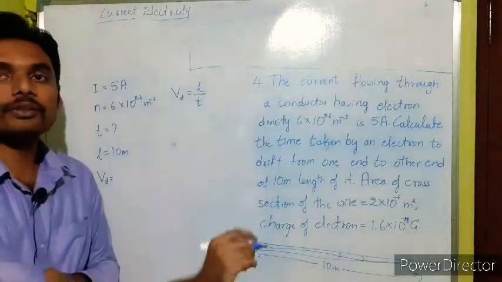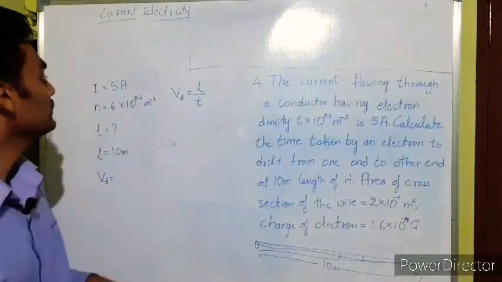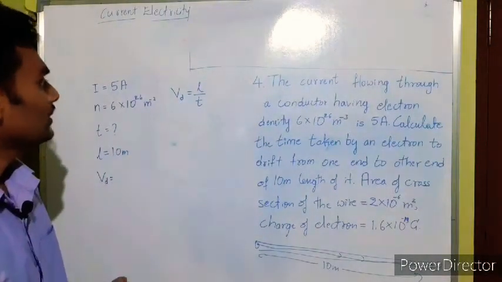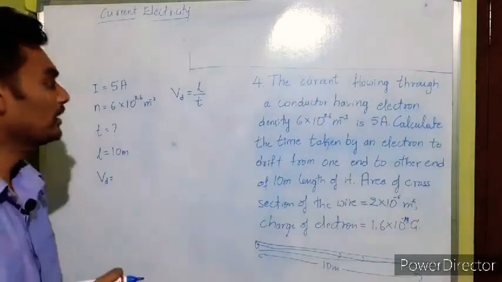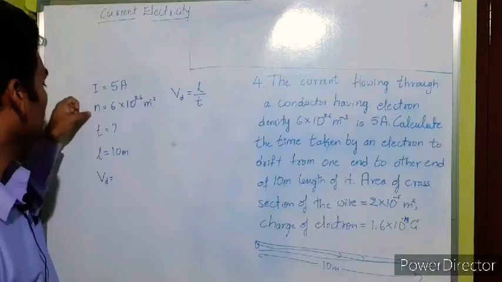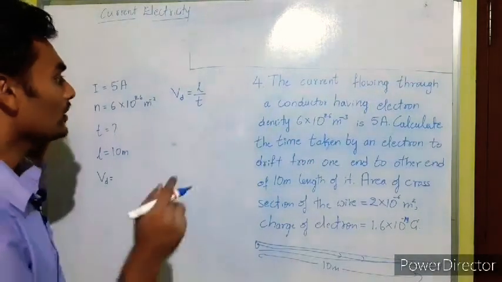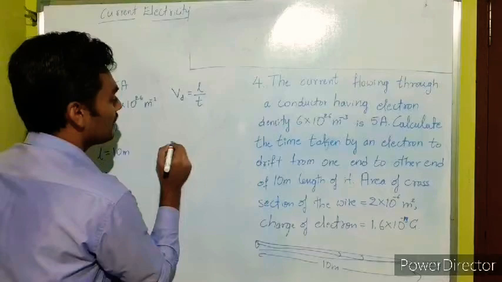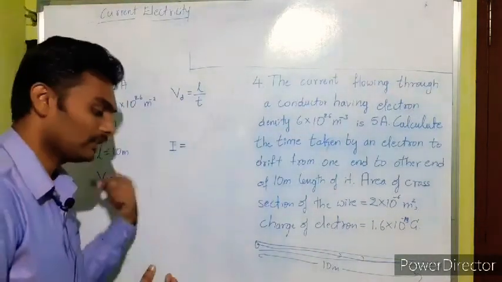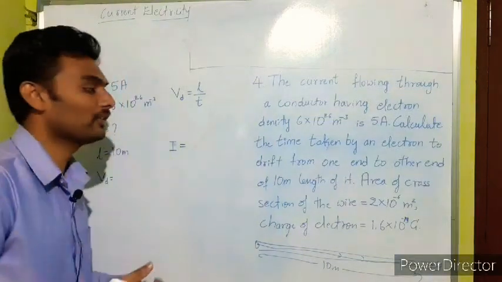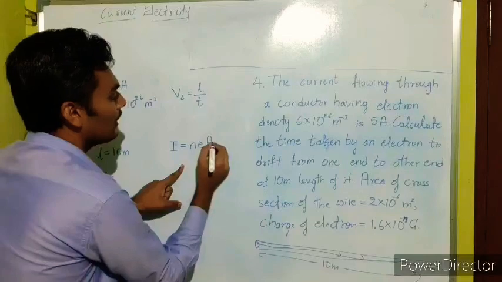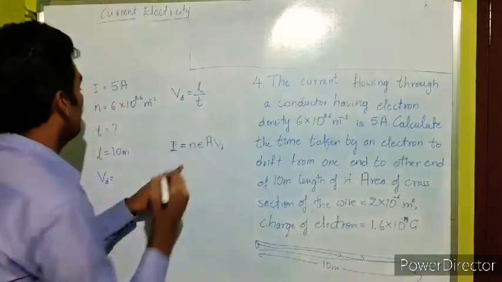But we do not have the value of Vd here. We can actually get the value of Vd using the given data of I and N. What does the expression of I say? I expressed in terms of Vd, the same expression that we made use of in the previous problem: I is equal to N E A Vd.